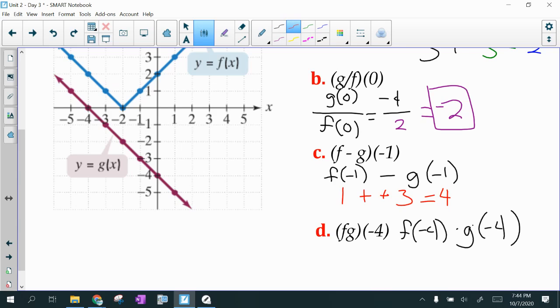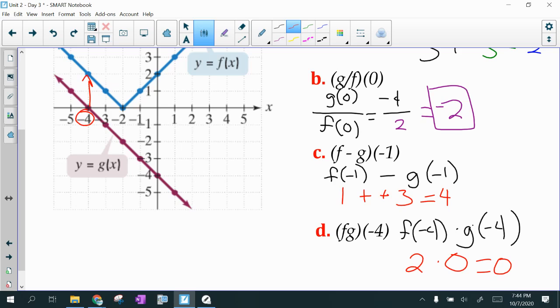So I go over here, here's my negative 4. I go up top, I say, ooh, that's giving me a value of 2. And g of negative 4 is going to get me 0. So I'm now looking at a value of 0 there. Okay? And again, these graphical problems can be a little bit intimidating because they're a little bit different than just standard plug and chug math.